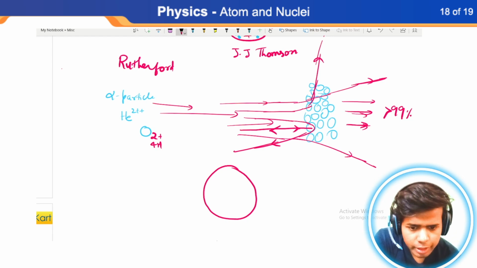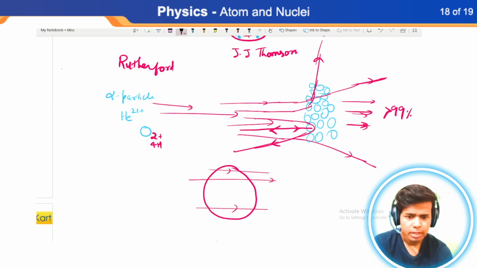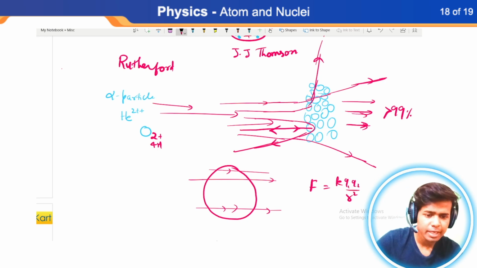And if it is getting passed from certain portion of the area of the atom, then it is quite clear, right? If it is not deviating, even if it was an electron or proton, it would have interacted with it because of Coulomb's law, the interaction between the charges, k q1 q2 upon r square. But most of it didn't happen.